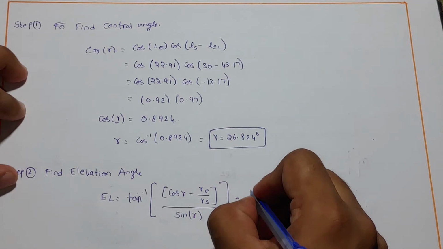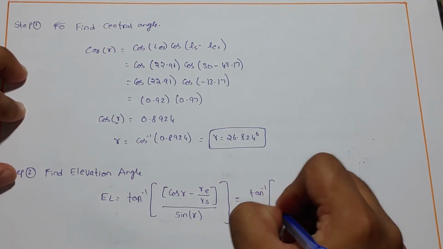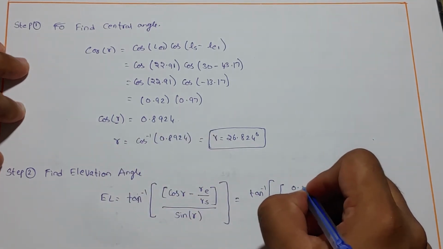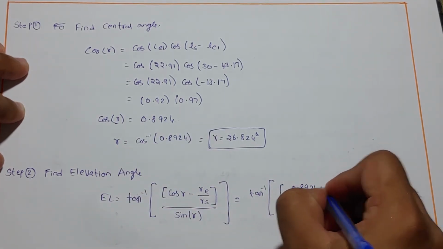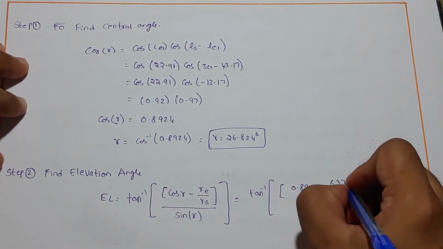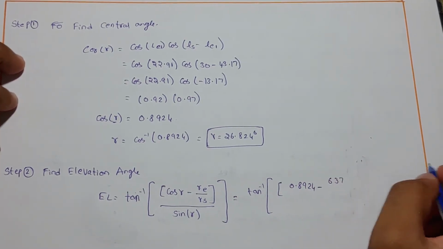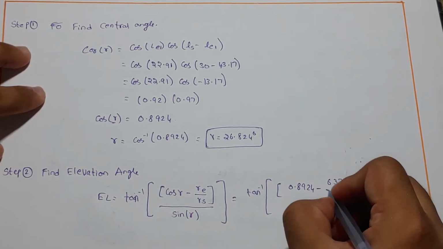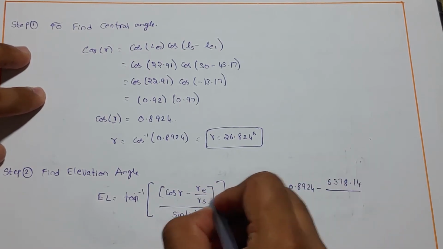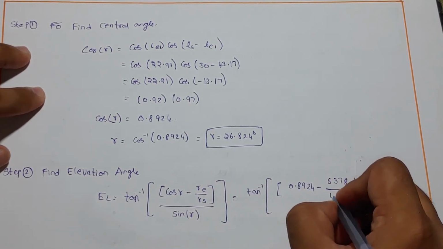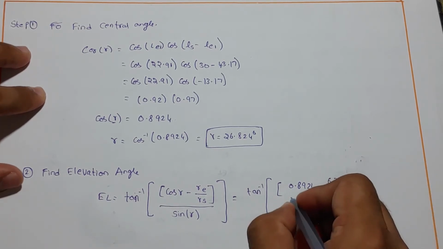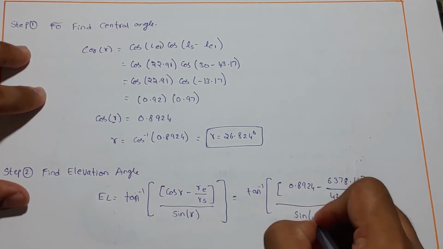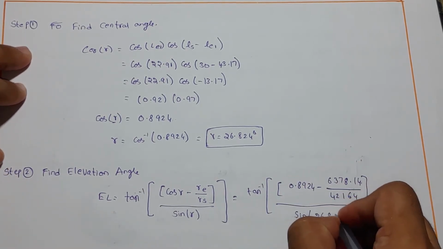So we write this as tan inverse of cos of central angle, which is 0.8924, minus the ratio, which for the geo satellite is 6378.14 divided by 42,164, all divided by sine of central angle, that is 26.824.